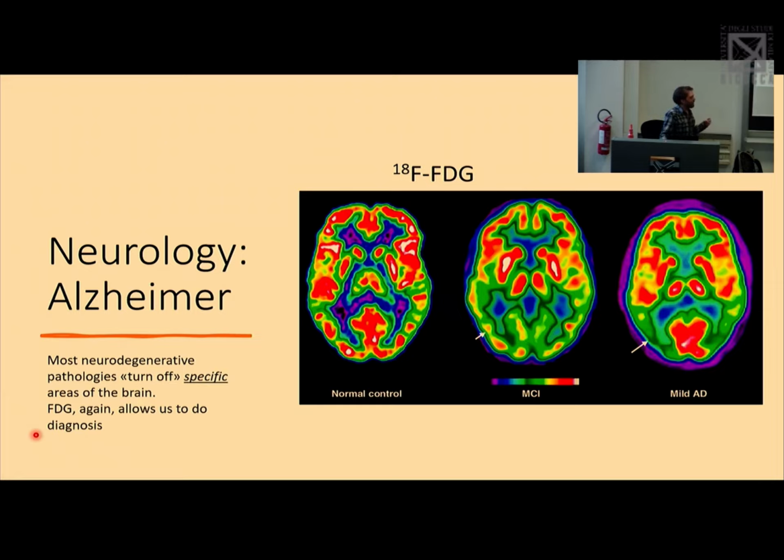And so an FDG PET scan allows us to differentiate dementia and to see that way before you can see it on an MRI, because on an MRI you will see it so late when the cells have already died and the gray matter is thinning. Here you will start to see things very early when the cells are just reducing their activity.